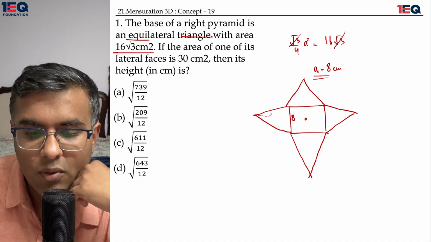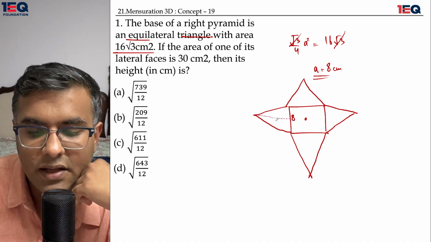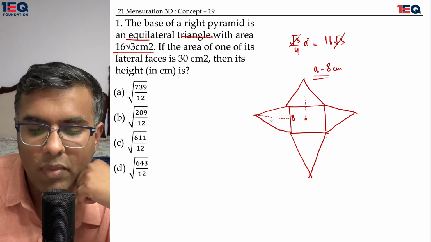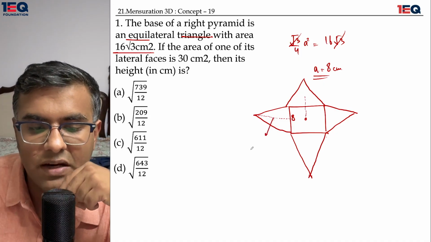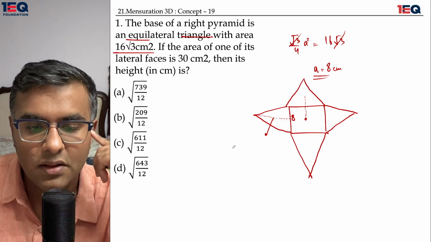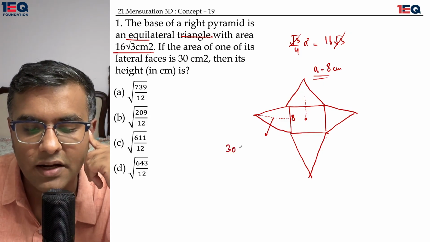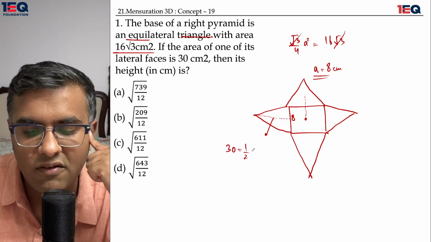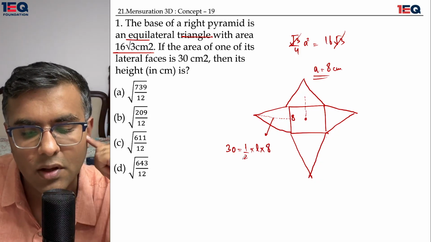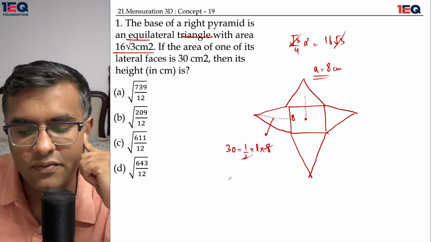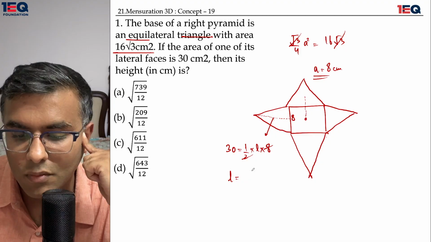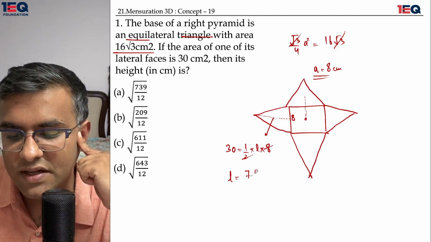The real height is the one which I need to find out, but the slant height is something which I would get because I'm talking about the lateral face's area. The lateral face's area is 30, which is equal to half into the slant height multiplied by the base, which is 8. Now this would come out as 4 and I would get the value of L as 7.5 centimeters.